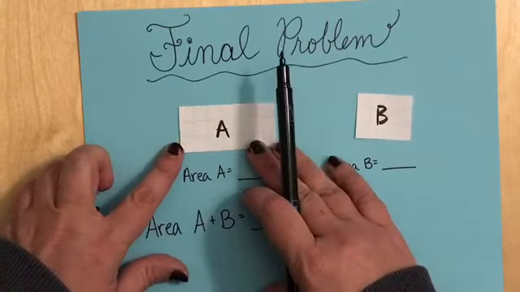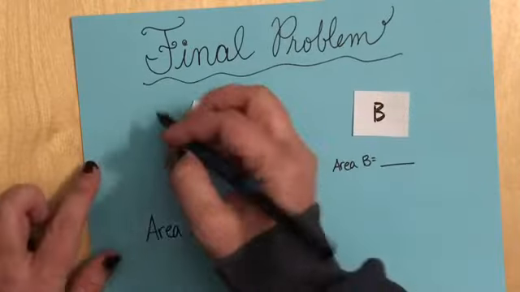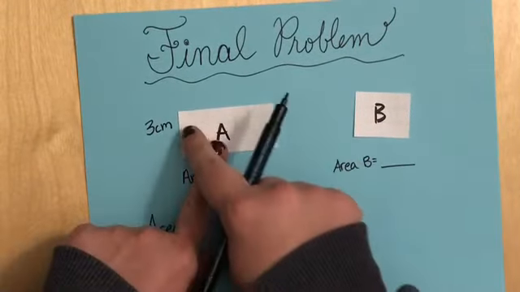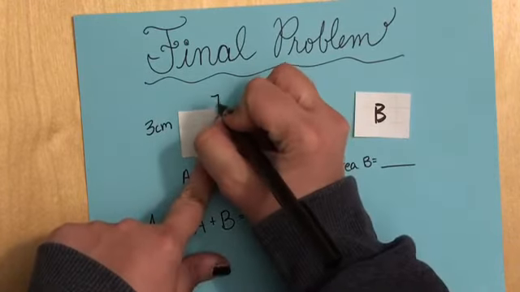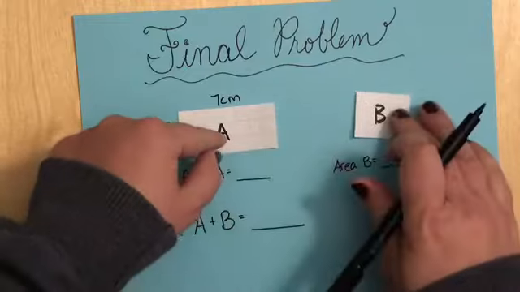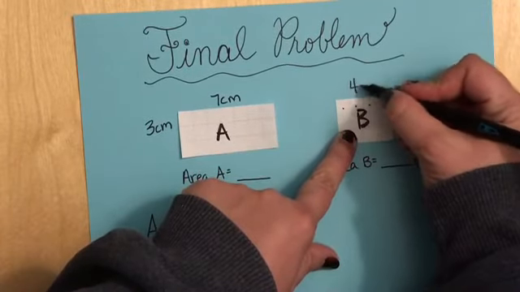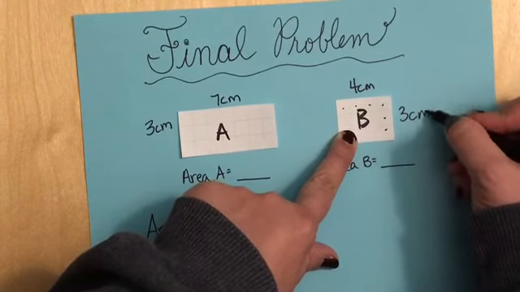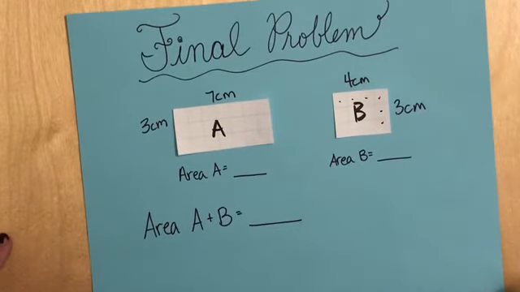Just in case you can't see it, rectangle A is 3 centimeters, it keeps moving around on me, by 1, 2, 3, 4, 5, 6, 7 centimeters. And rectangle B is 1, 2, 3, 4 centimeters by 1, 2, 3 centimeters. Okay, please solve that and I will see you guys tomorrow.